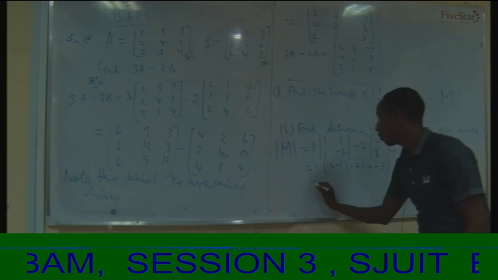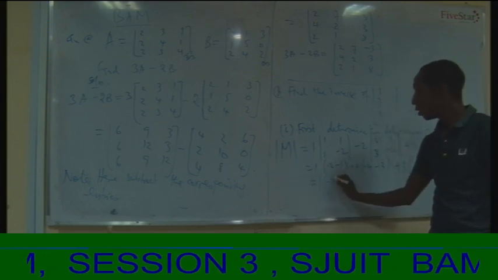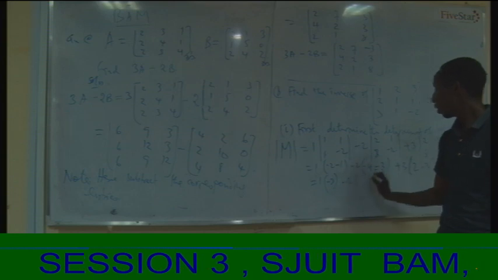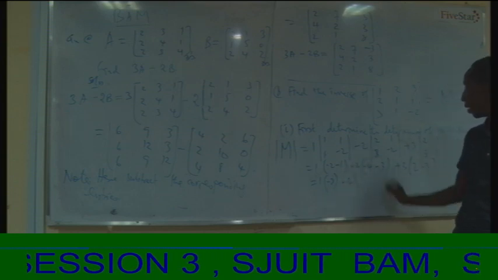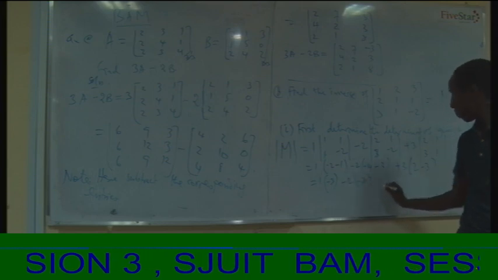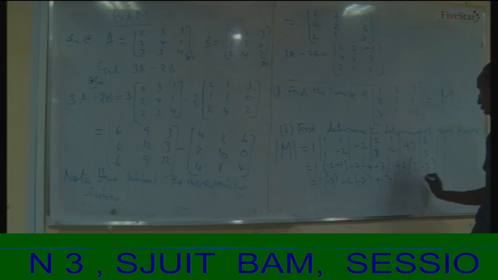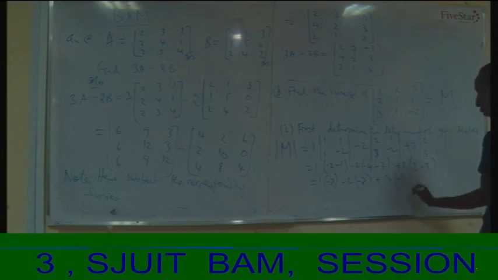So here we have 1 times negative 2 minus 1 is negative 3, minus 2 times negative 4 minus 3 is negative 7, plus 3 times 2 minus 3 is negative 1.